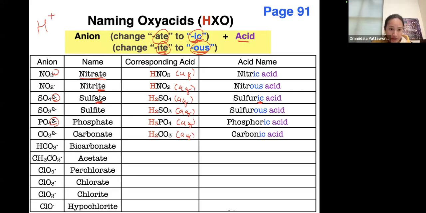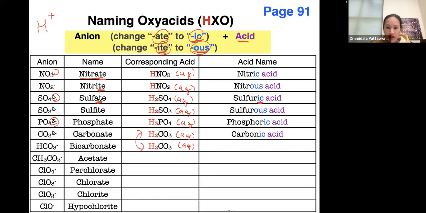Now, bicarbonate. Bicarbonate already has 1 hydrogen, so in this case, the chemical formula would contain 2 hydrogen. You probably notice that carbonic acid has the same chemical formula as the hydrogen with the bicarbonate, right?